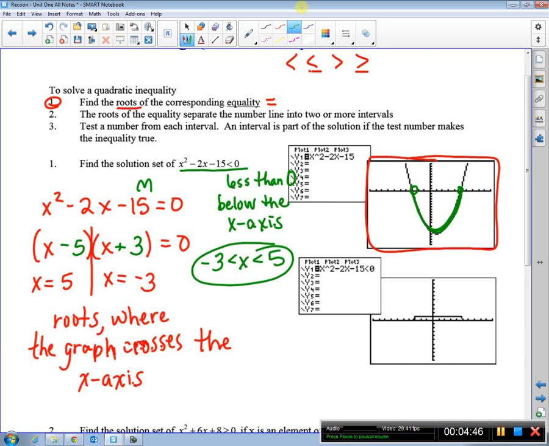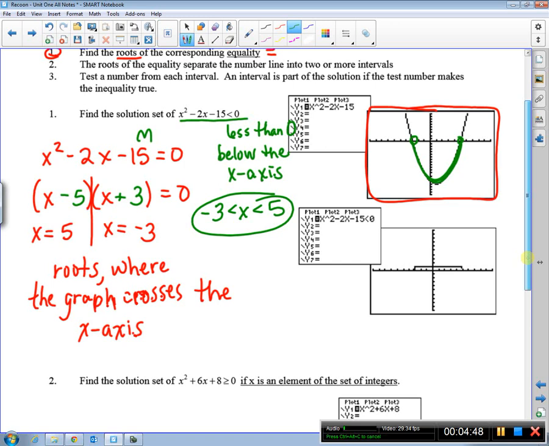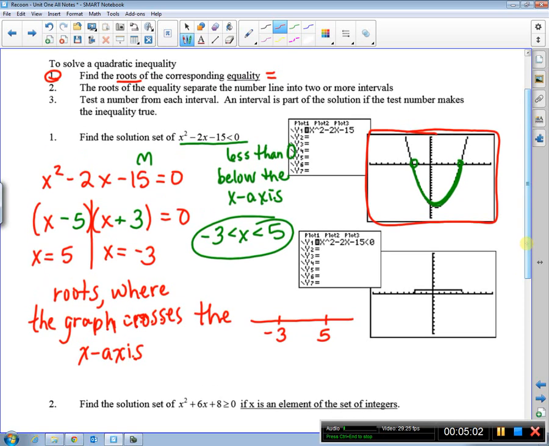Another way to do this is to say that we have taken the x-axis, and we know our graph hits at -3 and +5. And we know it's less than, and we have 3 different sections. So this says it divides our number line into 2 or more intervals. It says test a number from each interval.